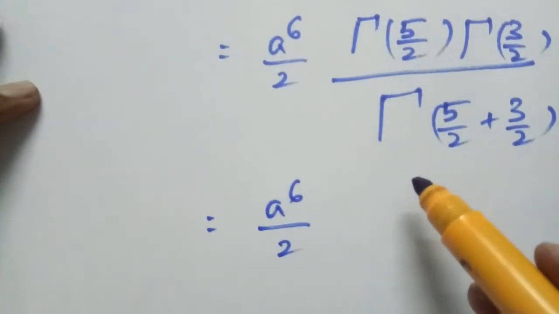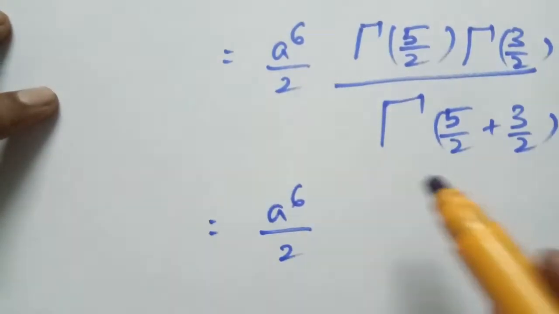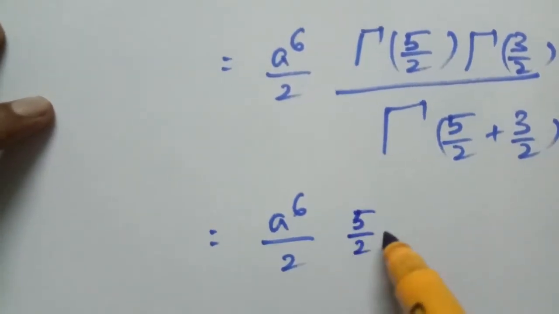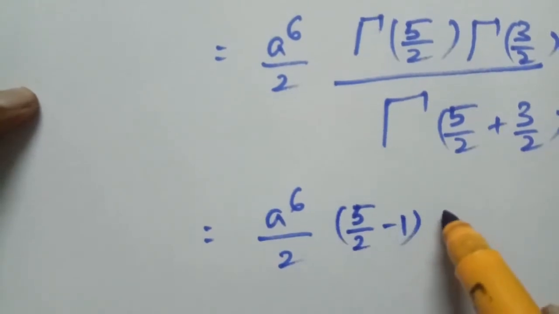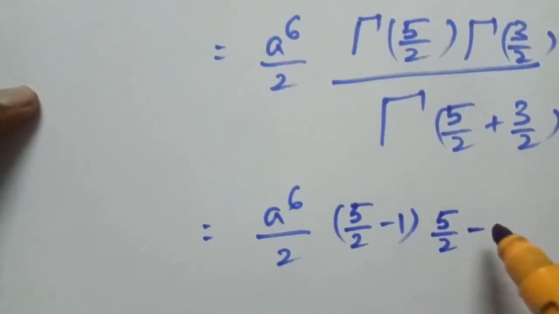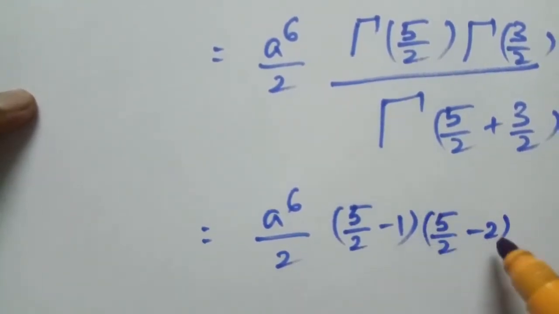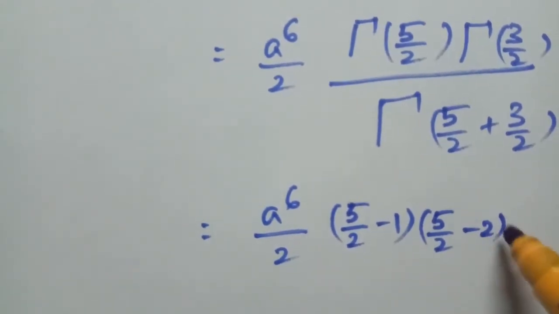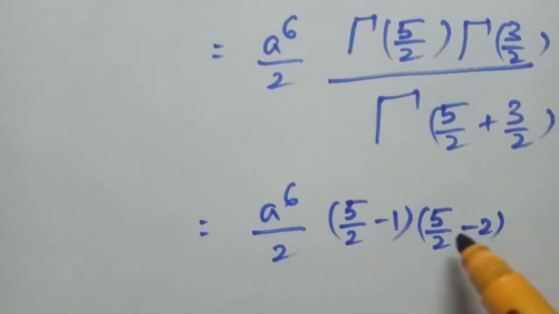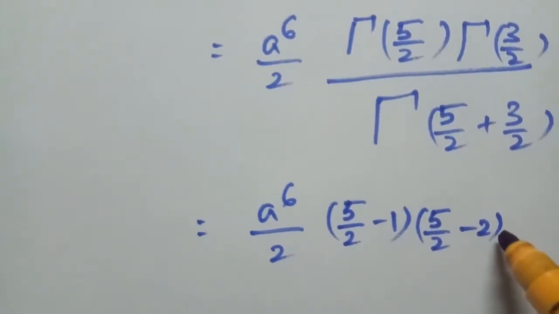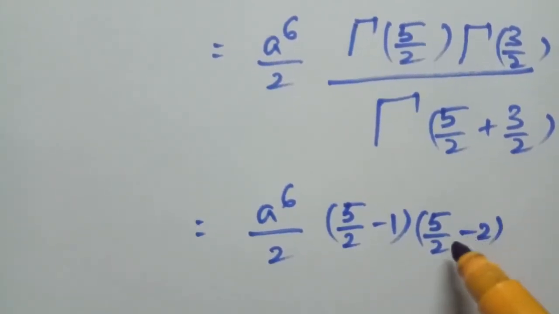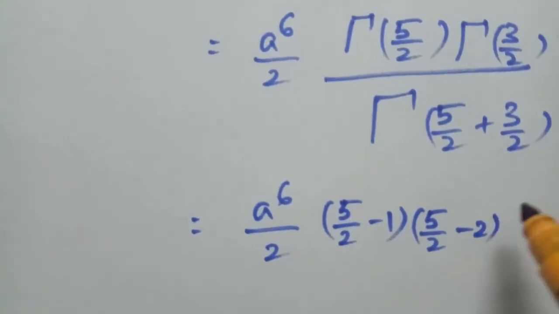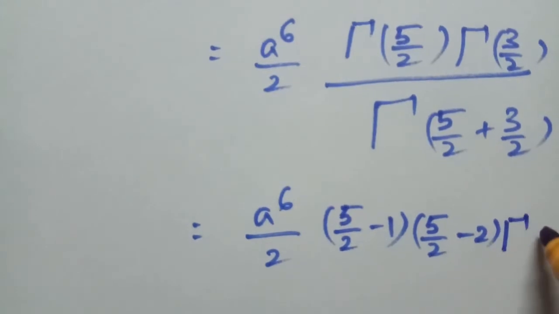So this can be written as a positive fraction. We know that 5 by 2 minus 1 into 5 by 2 minus 2. Continue the series of factors so long as the last factor remains positive. So 5 by 2 minus 2 is the last positive factor. If we continue 5 by 2 minus 3, we get a negative value, a negative fraction, so you stop here.